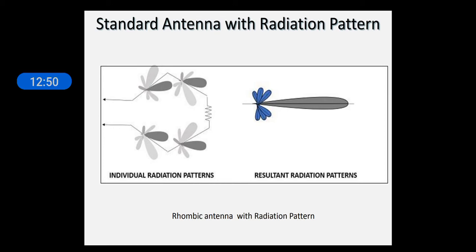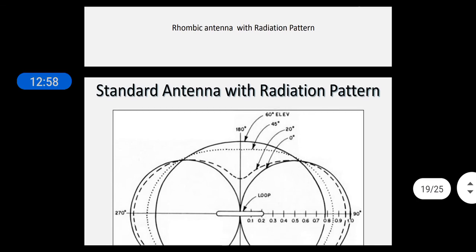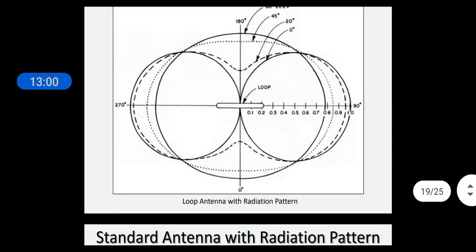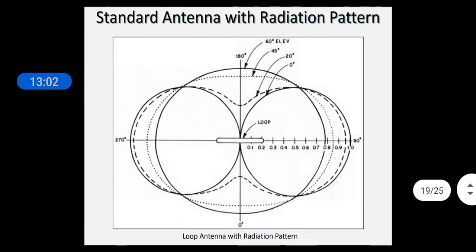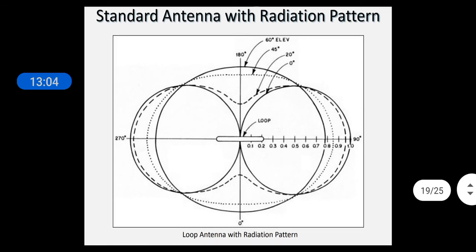This is the rhombic antenna and its radiation pattern. It is also a unidirectional antenna, as you can see. Stranded antenna with radiation pattern.